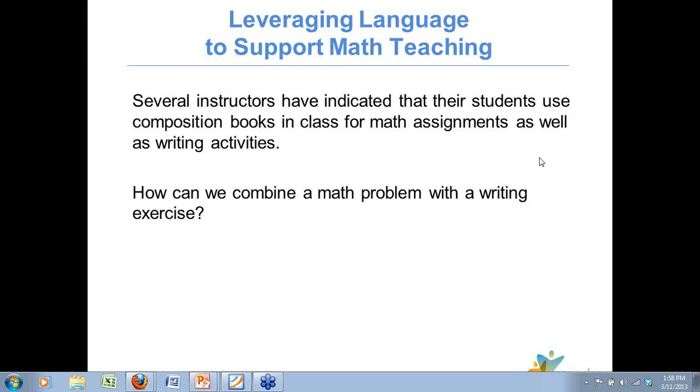So you could have the writing on one side, the explanation, and the actual math problem on the other side, and it works really well to keep students focused as far as where they're headed. Great, thank you. That's a creative use of that structure. That's really good. Anyone else have something that they'd like to add or share?